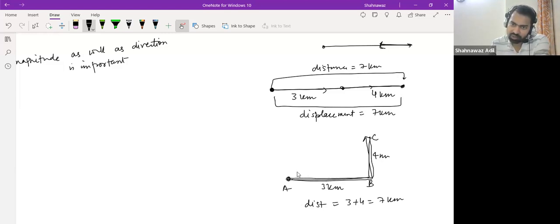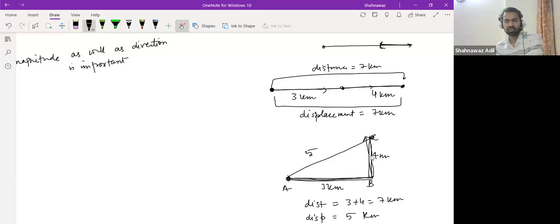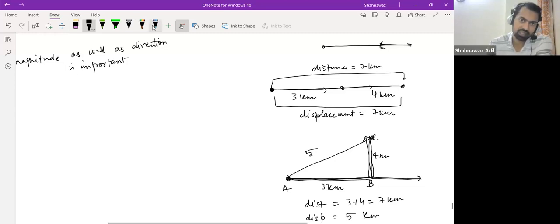My displacement would be the shortest path, so this would be 5 kilometers. So you see that whenever I change the direction, my displacement changes. Then distance is not equal to displacement. But whenever I am in one-dimensional motion, then my distance and displacement are equal. Is that clear, guys?